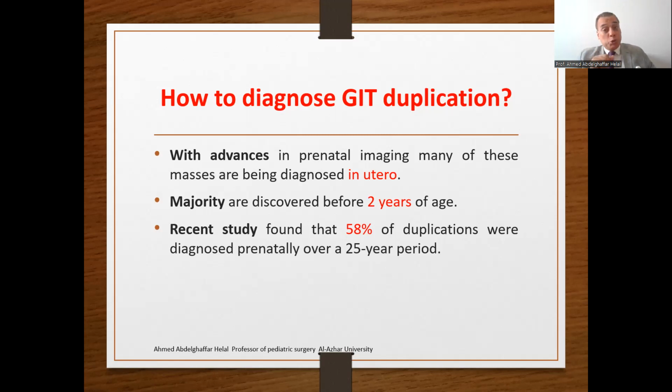The majority are diagnosed before 2 years of age, not prenatally. A recent study found that about 58% of the duplications were diagnosed prenatally over a 25-year period. So the advancement in prenatal ultrasound technology is very helpful for diagnosis.